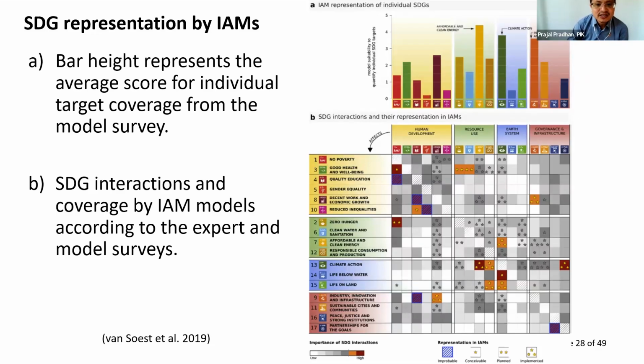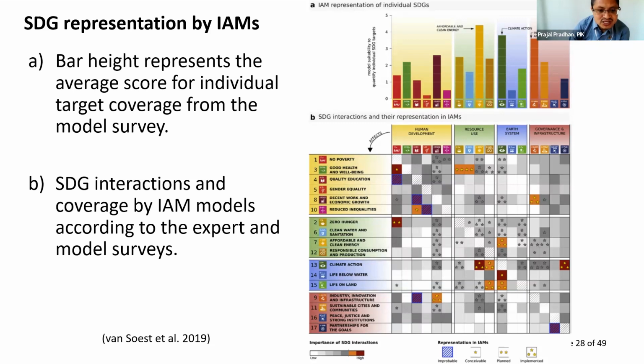We can also see, if I can read it correctly, it's a bit hard to read, it should be about economy, GDP, and then there are also some goals which are not there, so it's hardly representative. And if you look at the number of icons here, I don't think there are 17 icons. So currently most of the integrated assessment models represent some of the SDGs, but not all.